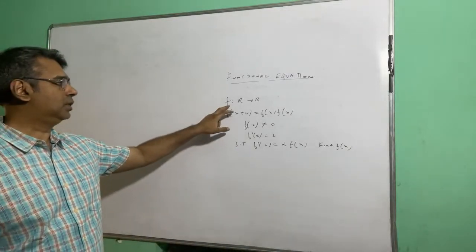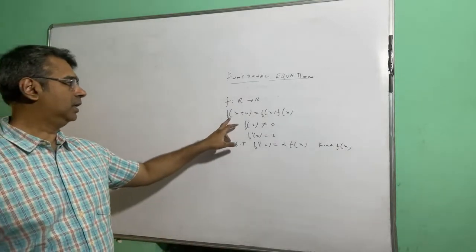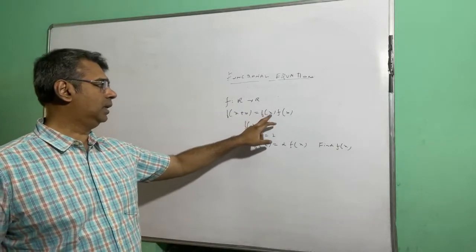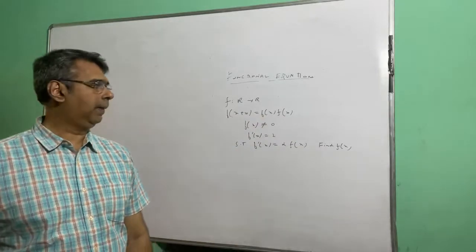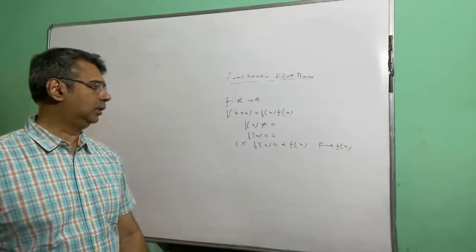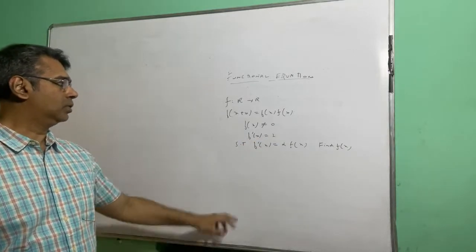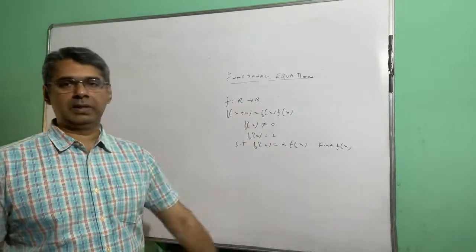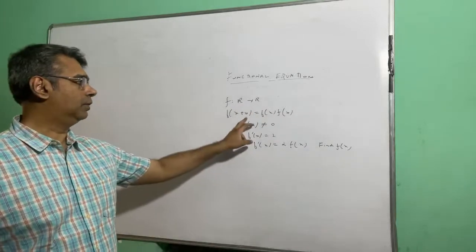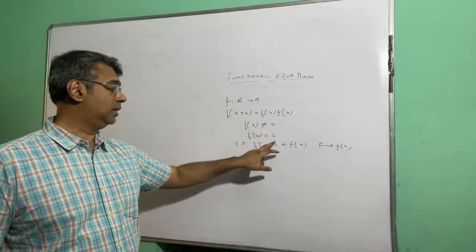There's a function f which maps real numbers to real numbers. The function is given by f of x plus y is fx into fy, and you are informed that fx is not equal to 0, and that f dash 0 equals 2.